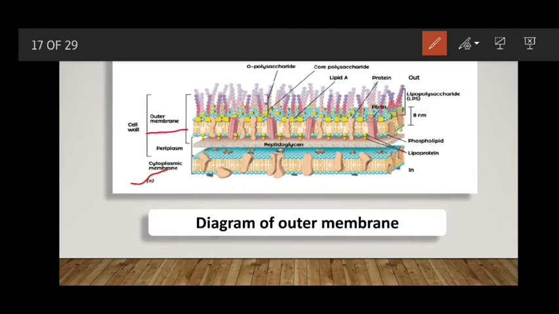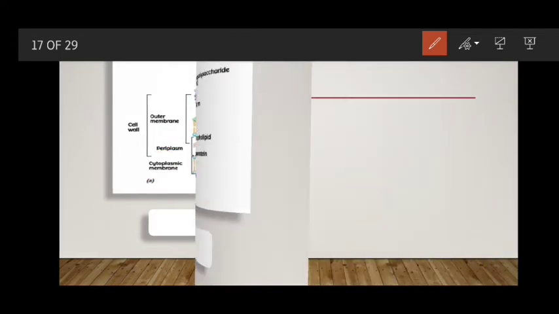Between them we have the periplasm associated with a thin layer of peptidoglycan. In gram-negative bacteria, as we have already discussed, the peptidoglycan layer is much thinner, so it is attached to the periplasm. In the outer membrane we also have components like O polysaccharide, core polysaccharides, lipid A, porin proteins, lipopolysaccharides and so on.